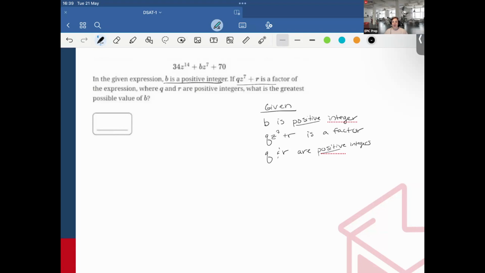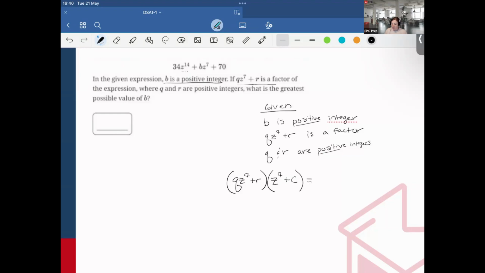So then from there, let's just try to see. I know that one of the factors is QZ to the seventh plus R, and I want to get this to Z to the 14th. So I can say Z to the seventh, and then multiplied, I'm going to put C. C is just some unknown constant right now that I need to solve for.